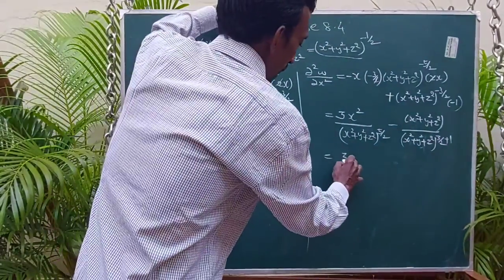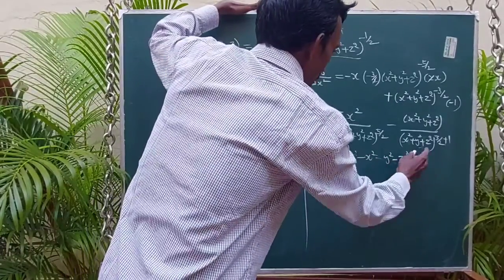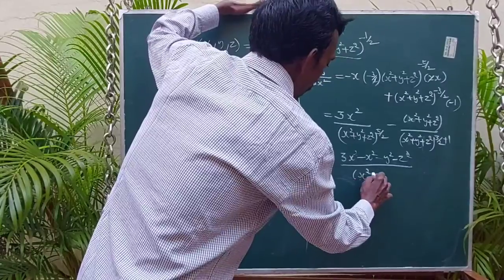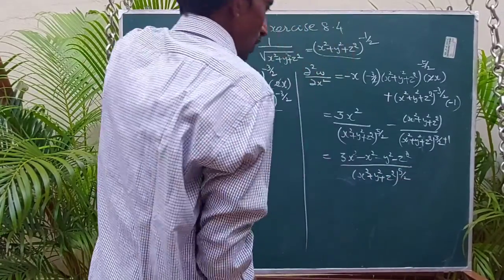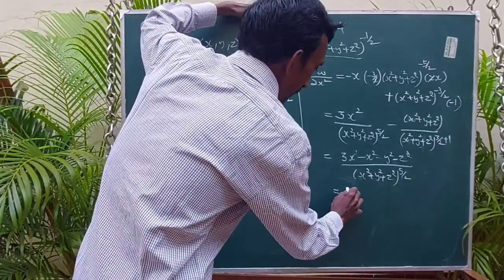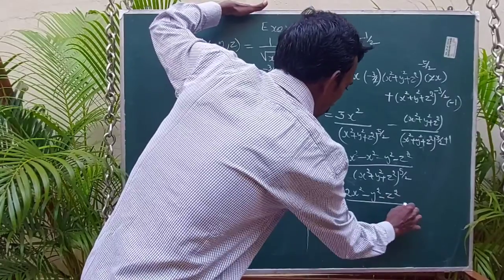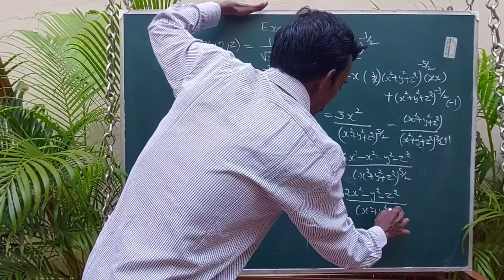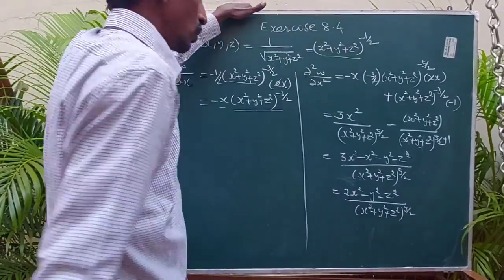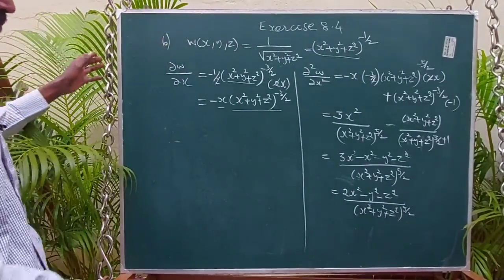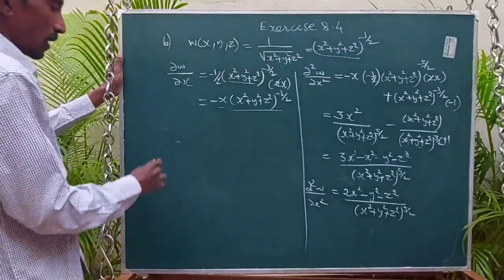So 3x square minus x square minus y square minus z square by x square plus y square plus z square whole power 5 by 2. So what we are getting? 2x square minus y square minus z square by x square plus y square plus z square whole power 5 by 2. Okay, so we are getting dou square w by dou x square equal to this one.